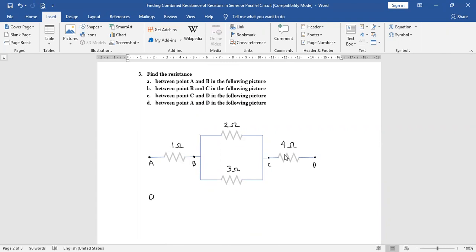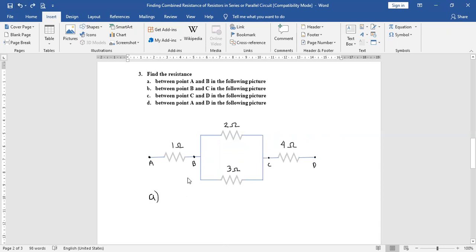So if you look at here, between point A and B is already clear, A and B only. So the resistance here is 1 ohm. Okay, or maybe in order to get it clearer, I'm going to write them completely.